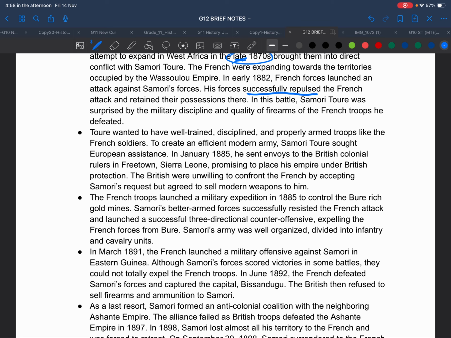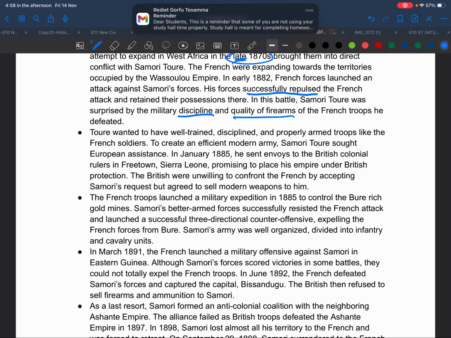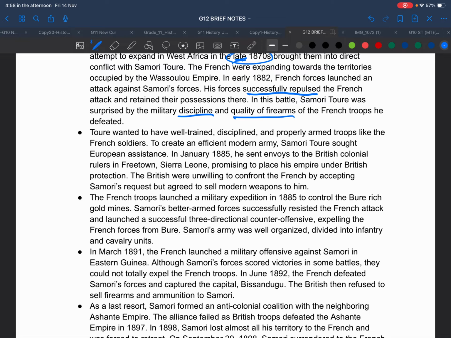In this battle, Samori Toure was impressed by the military discipline and quality of firearms, which he used to get from the nearby coastal people. He used to buy those firearms earlier.